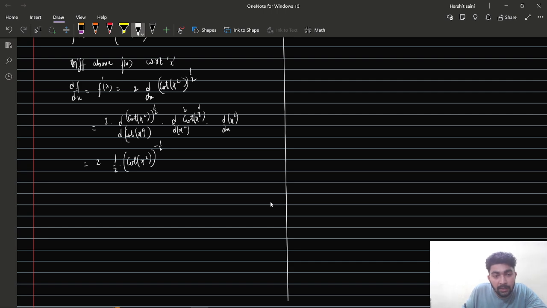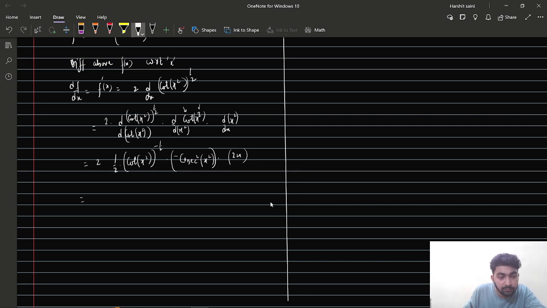And here d by dx of cot of x square will be minus cosec square x square, and d by dx of x square is 2x, because d by dx of cot x is minus cosec square x.